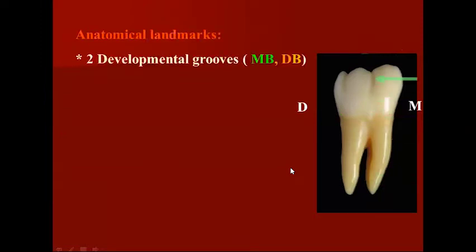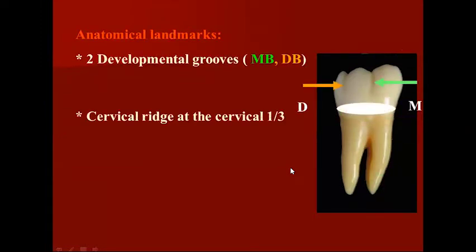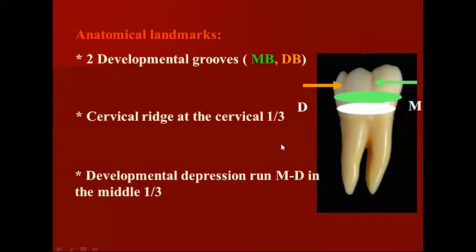Anatomical landmarks: 2 developmental grooves, mesiobuccal and distobuccal, cervical ridge at the cervical third. Developmental depressions run mesiodistally in the middle third.